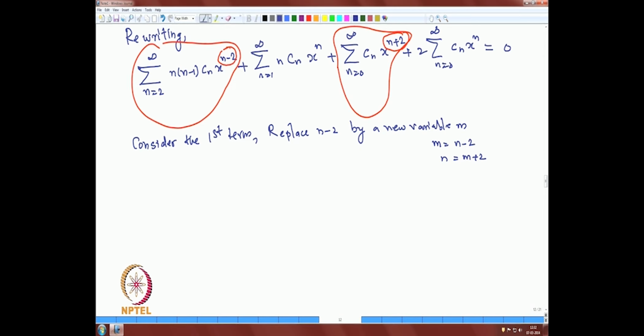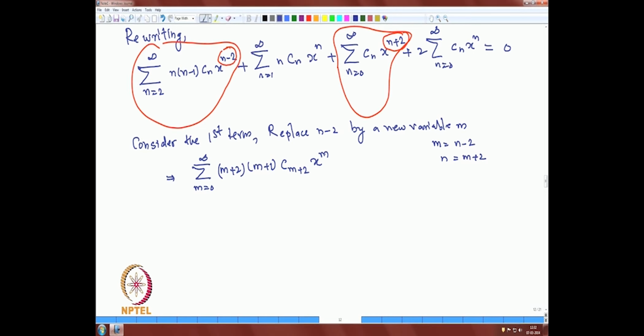If you use this, then the summation gives the first term in terms of m. Now, n is going from 2 to infinity; when n is 2, m is 0. So, the summation goes from m equal to 0 to infinity, m plus 2 into m plus 1. So, n becomes m plus 2 and n minus 1 is m plus 1, into C m plus 2 into x to the power m.